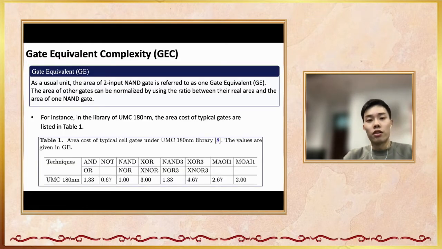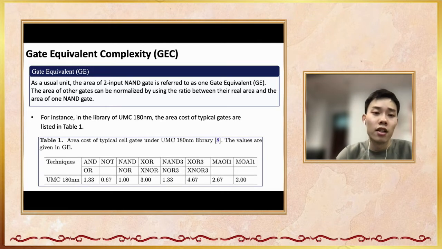To measure the area cost under the different libraries, we use gate equivalent as a unit. One gate equivalent is equal to the area of a two-input NAND gate, and the area of other gates can be normalized by using the ratio between their area and the NAND gate.